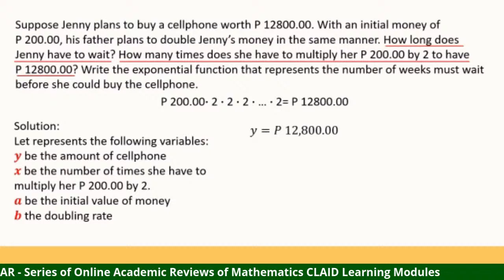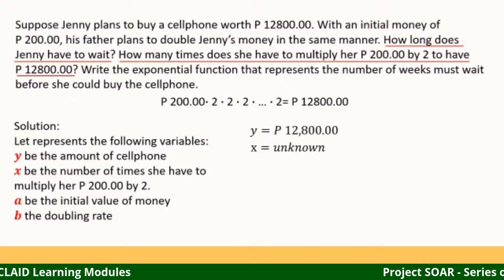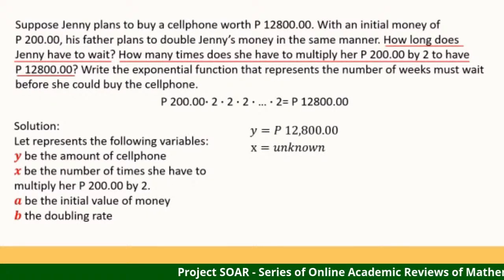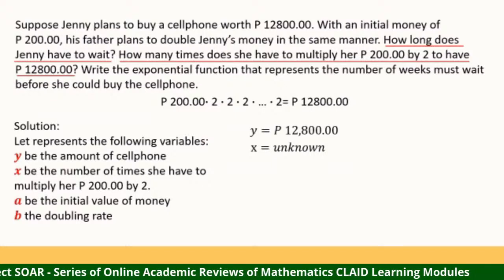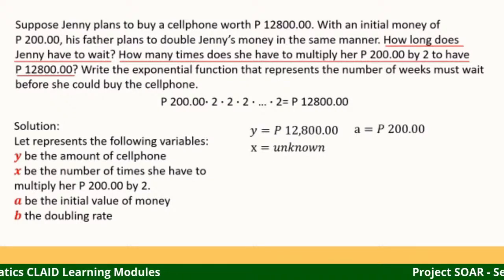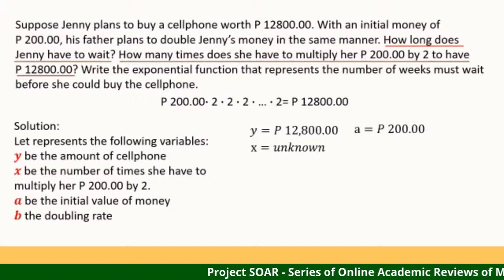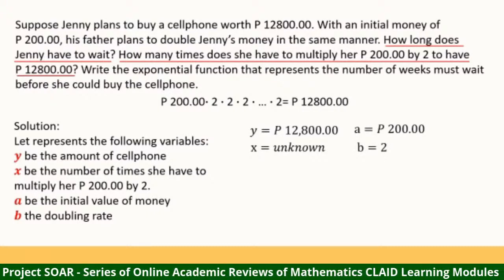So we have 12,800 pesos. Our x is unknown. Kasi dito, base sa question, hindi pa natin alam kung ilang beses niya ito times si 200 pesos sa 2. And then, initial value of money, kumbaga, ito yung money ni Jenny sa ngayon. So, we have 200 pesos and b is 2.